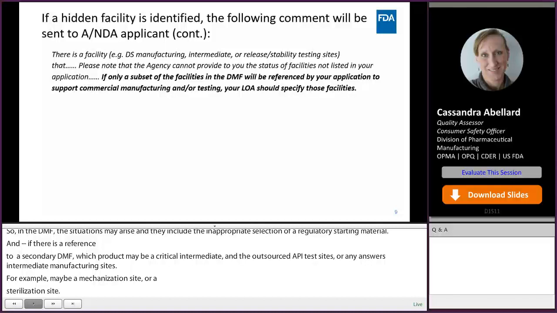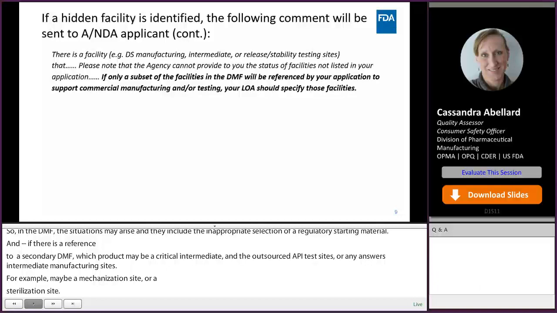So often there are multiple intermediate sites or perhaps a micronization site that are listed in the DMF. However, the applicant is not using all the intermediate sites, or maybe the drug substance is not being micronized for their product.